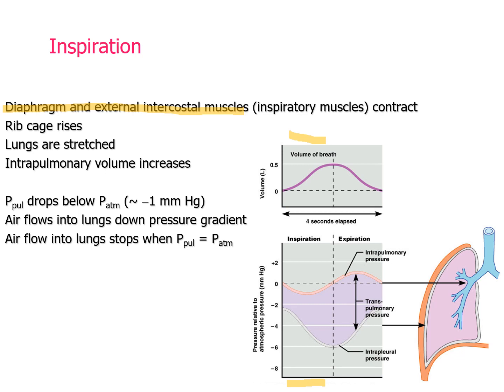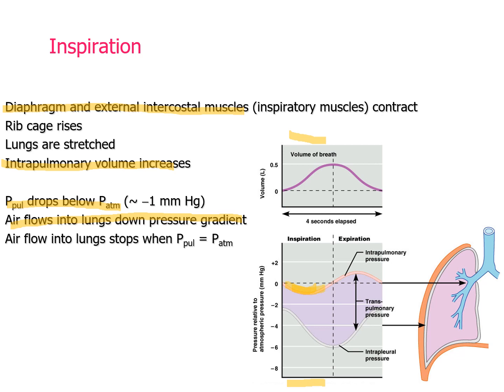The intrapulmonary volume increases, and the intrapulmonary pressure drops below 1 atmosphere, about 1 millimeter of mercury, and you see that here. Air will flow into the lungs down the pressure gradient.